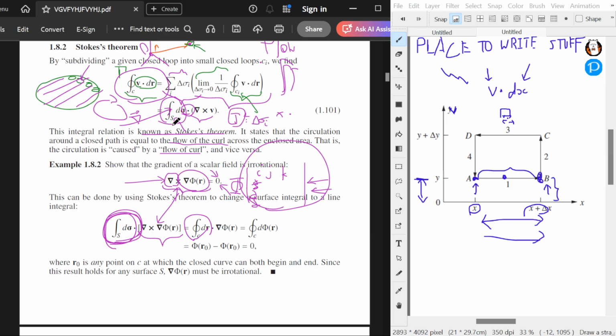And from Stokes' theorem it is equal to the line integral of dr dot the second term of the curl, the thing that comes after the cross. So dr dot this comes after the cross. So this makes sense so far.